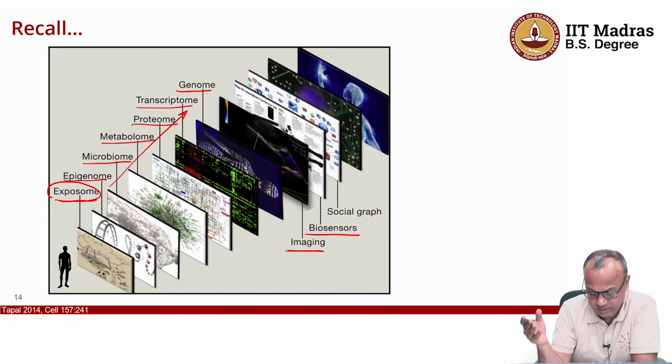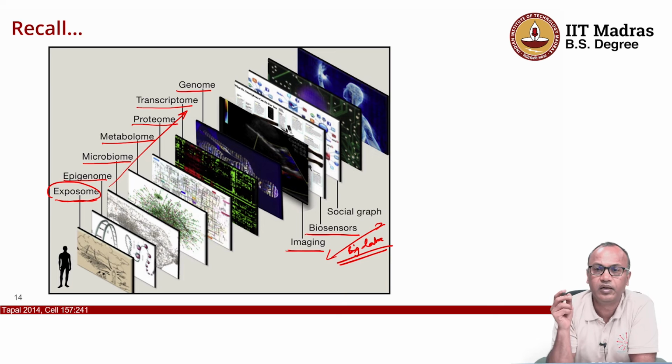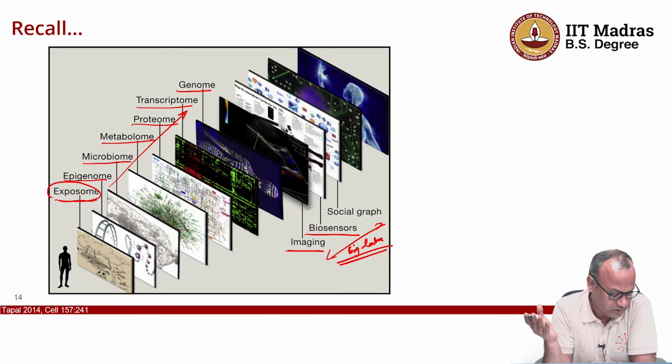So these are biosensors. I talked about that biosensor which continuously measures your blood glucose level, and those become additional pieces of information. These are not directly related to central dogma, but these are also examples of big data that are being currently analyzed in clinical and medical research.